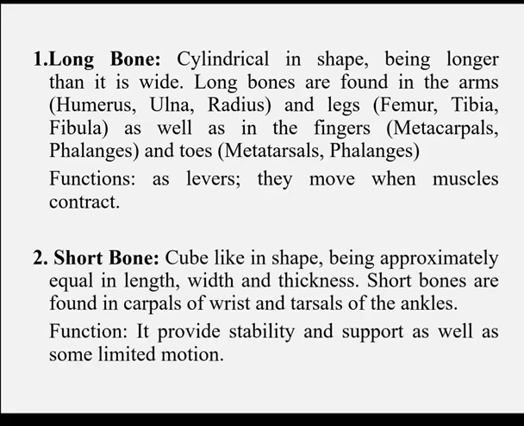Second type of bone is short bone. These are cube-like bones with equal length, width and thickness. Short bones are found in carpals of the wrist and tarsals of the ankles. Their function is to provide stability and support as well as some limited motion.